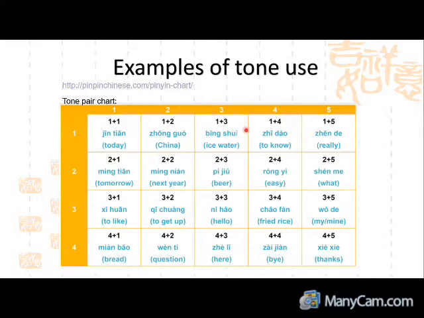Now, if you realise there might be more than one vowel with the first three we looked at, there's no sort of rule regarding where the tone should be. It is based upon the character and the meaning that we're going to use it in.